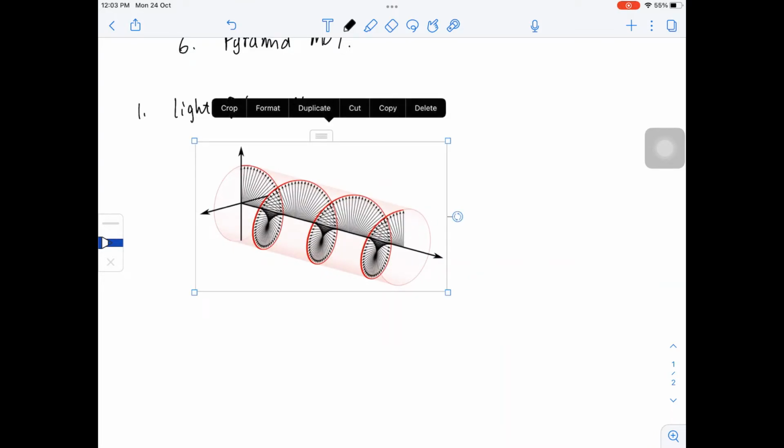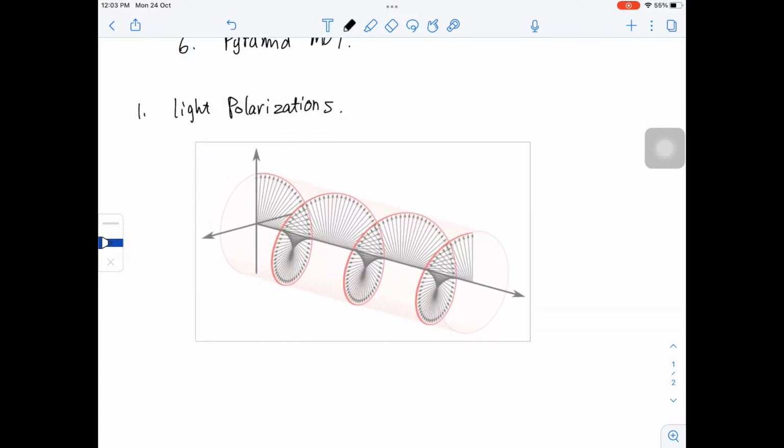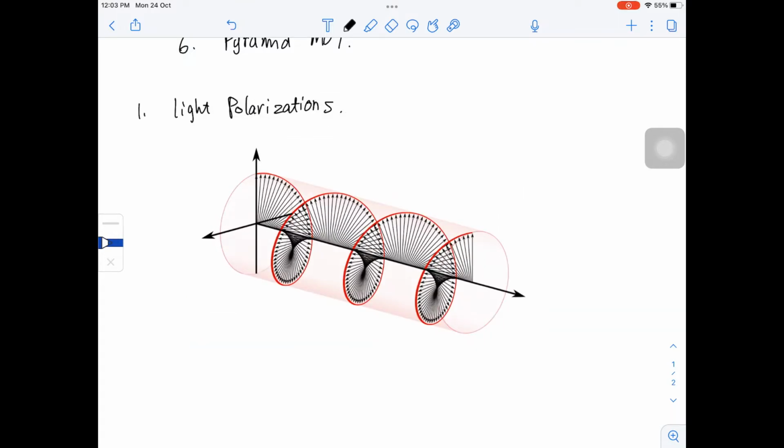In this figure, we know the light is propagating along this axis. I call it Z. And the light propagating direction, we call it the K vector. K is the wave vector. That defines the propagation direction of the light.